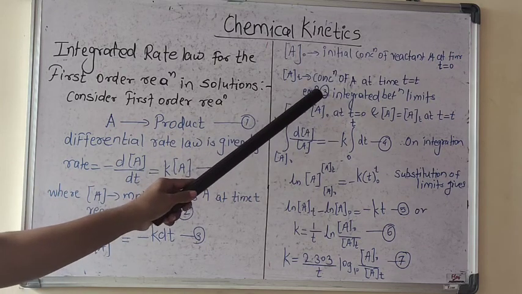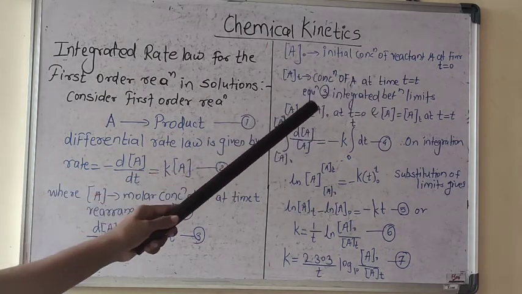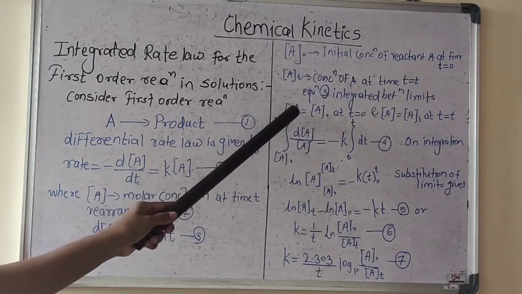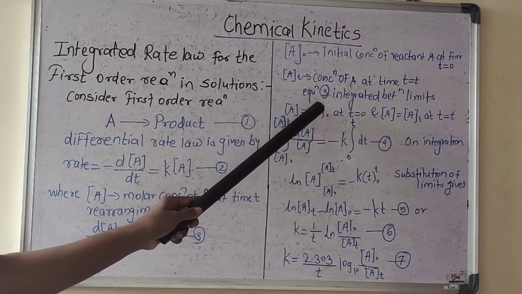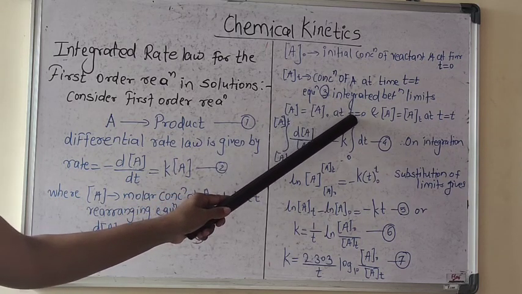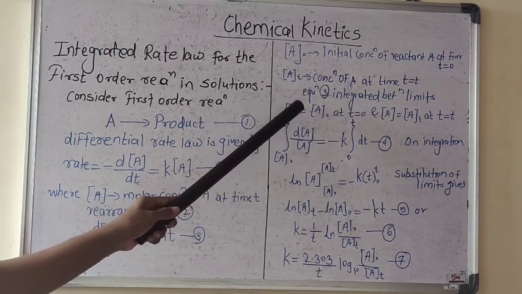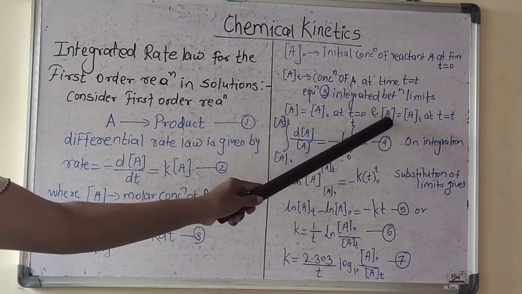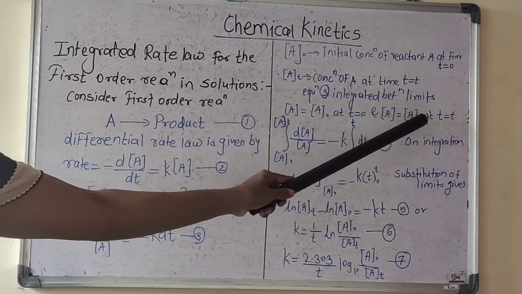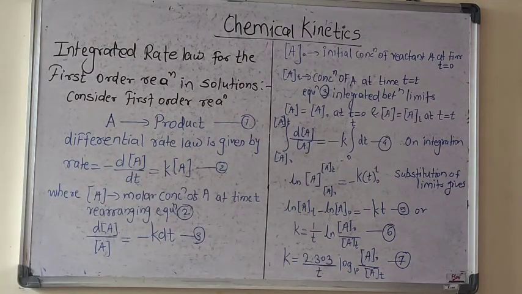Now we are going to integrate equation 3 between the limits. Initially, for t equal to 0, molar concentration of A is equal to A0, and A is equal to At at t equal to t, that is at that time.